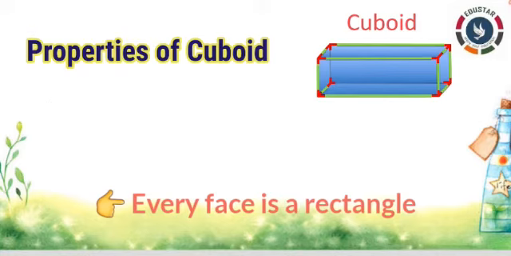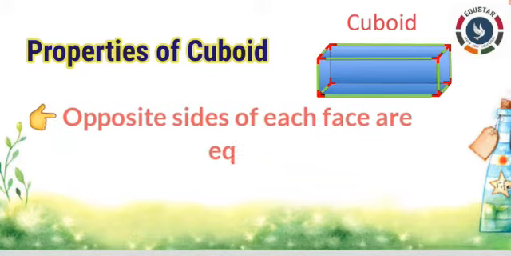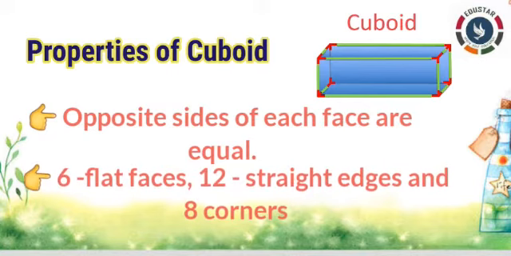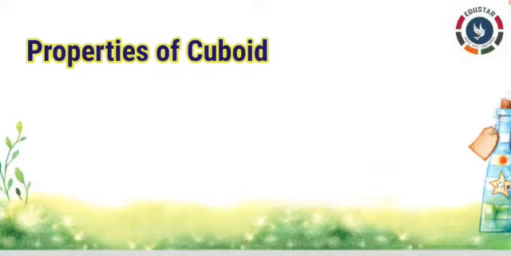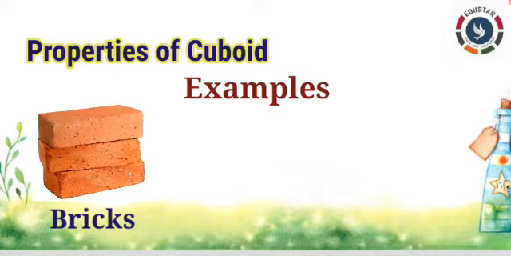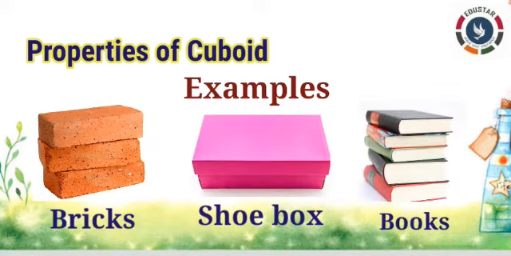In a cuboid, the opposite sides of each face are equal. So, a cuboid also has 6 flat faces, 12 straight edges and 8 corners. Everyday life examples of cuboid are bricks, shoebox, book and so on.